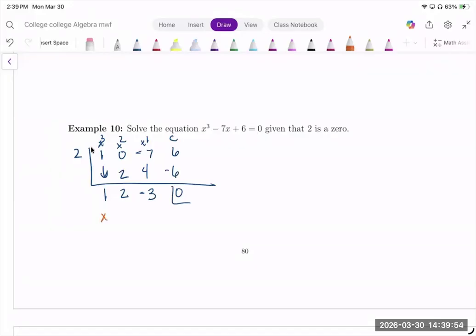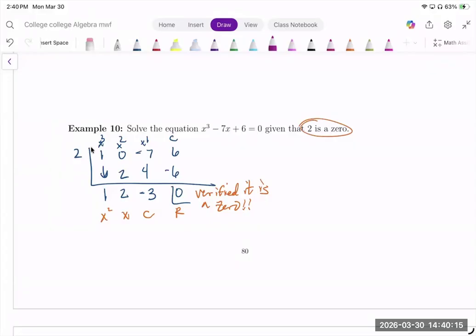So this is my x squared, my x, my constant, and the remainder. It is a 0, so it's verified. Yay! Perfect.